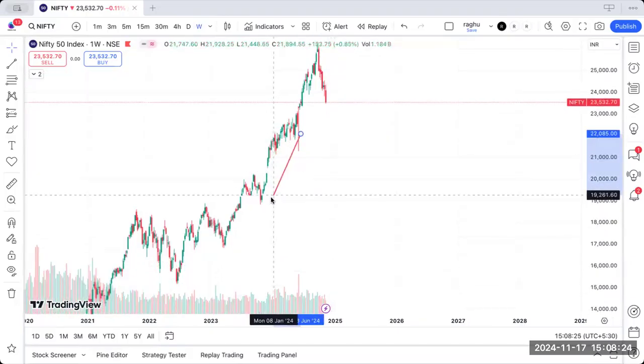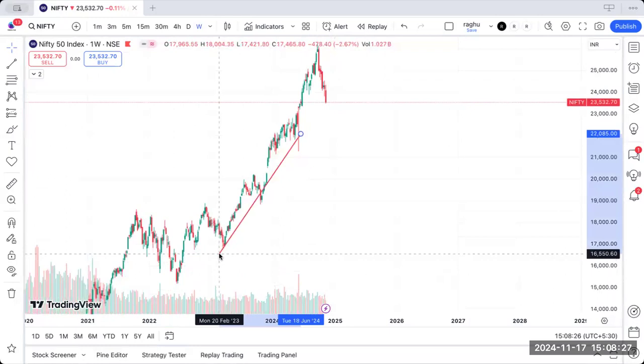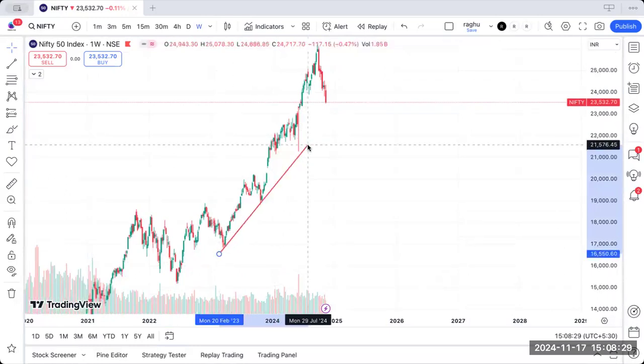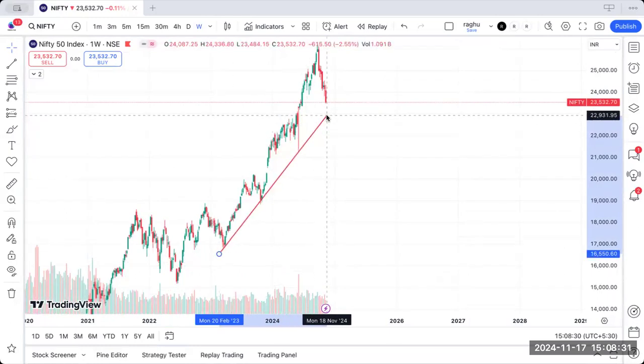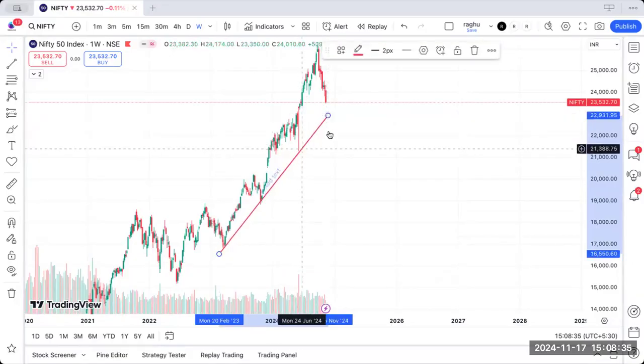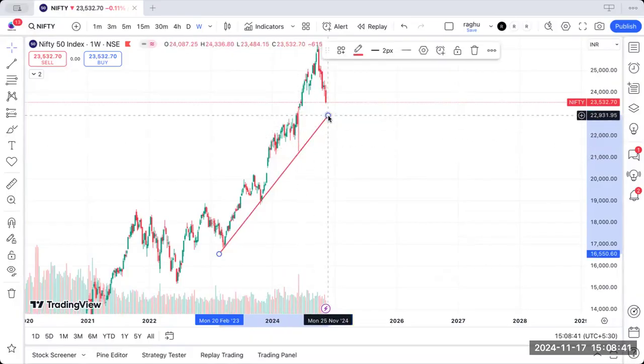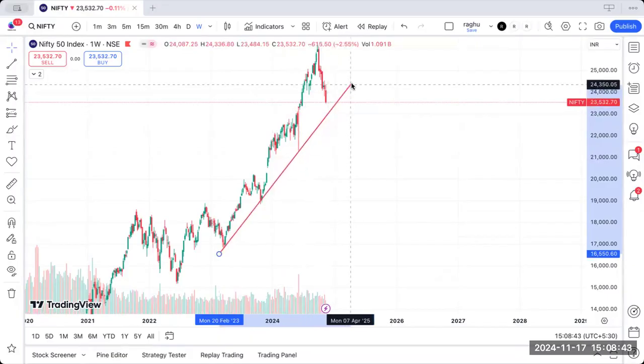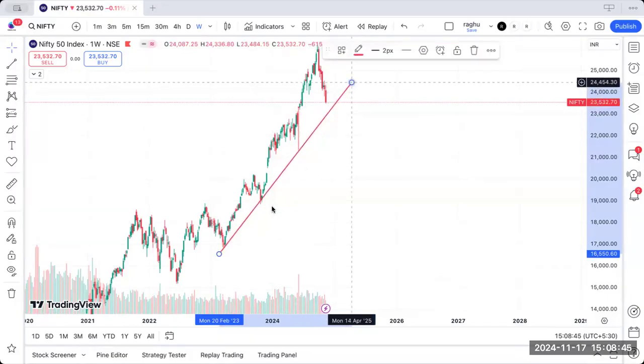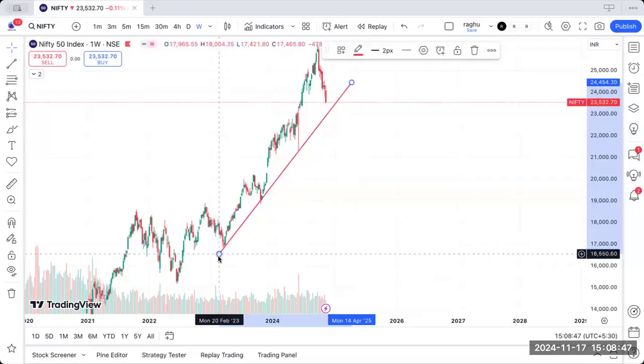If I change to the weekly time frame, this is the beauty of price action: this drop stopped exactly at this trend line. Now I'm considering this trend line as a little lengthier, to see what exactly is going to happen for the Nifty.